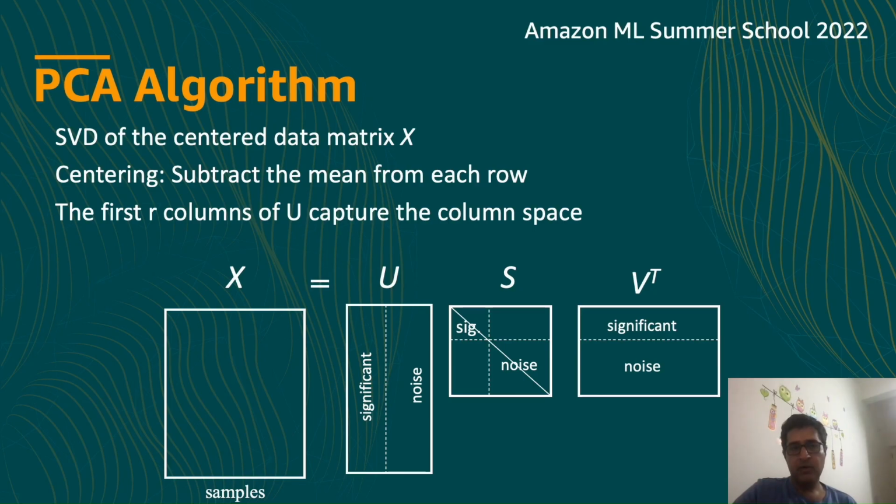Okay, and in principal component analysis, you are trying to say that the first R columns of U and the first R rows of V are significant, the rest is all noise, right? In terms of S, remember that this is a diagonal matrix as comes out from SVD. So most of your signal is actually sitting on the top diagonal elements.